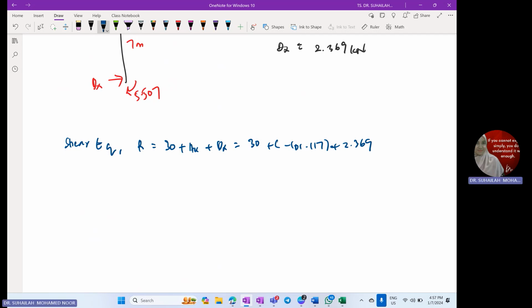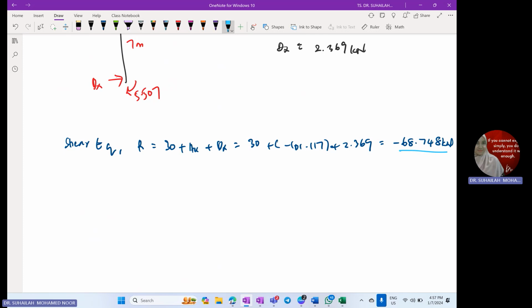It is 30 minus 101.117 plus 2.369. So we get R is equal to negative 68.748 kilonewton.